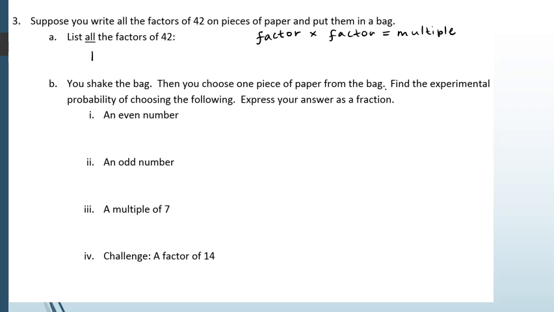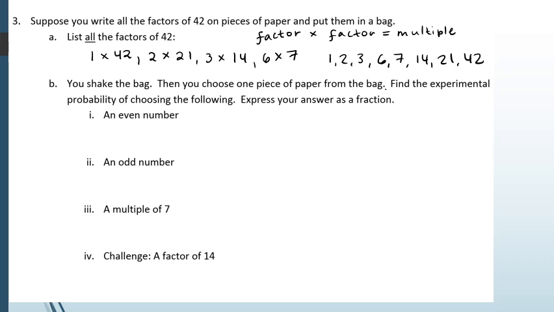So for example, 1 times 42 would make 42. 2 times 21. 3 times 14. And 6 times 7. Often it helps to list our factors from smallest to biggest, so I'm going to do that here as well. 1, 2, 3, 6, 7, 14, 21, and 42. Those are all of the factors of 42.